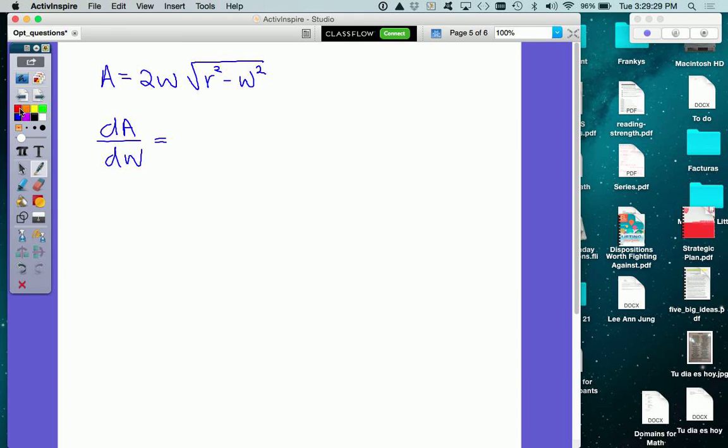So I can sort of imagine breaking this right there, and I have a u and a v. And so I have u prime, which is going to be 2 times v, which is the square root of r squared minus w squared, plus u, which is 2w, times the derivative of the second expression here, the square root of r squared minus w squared.